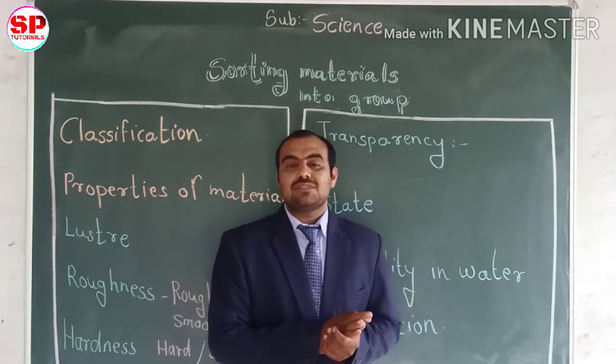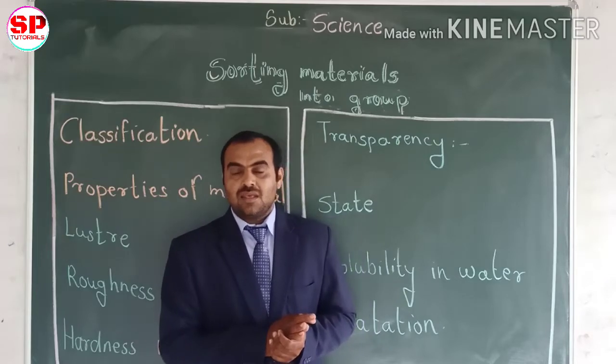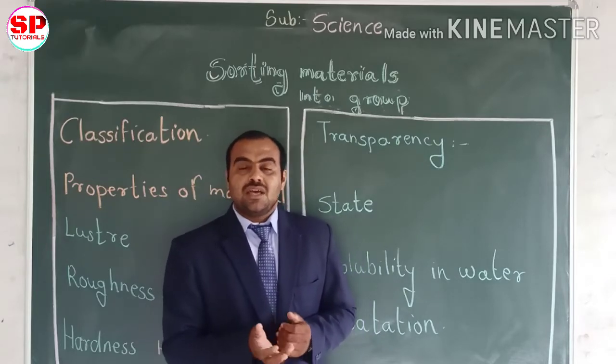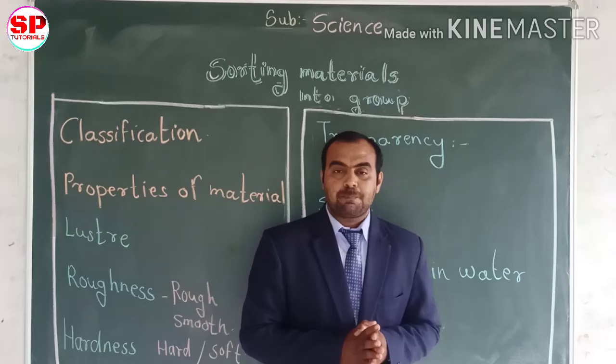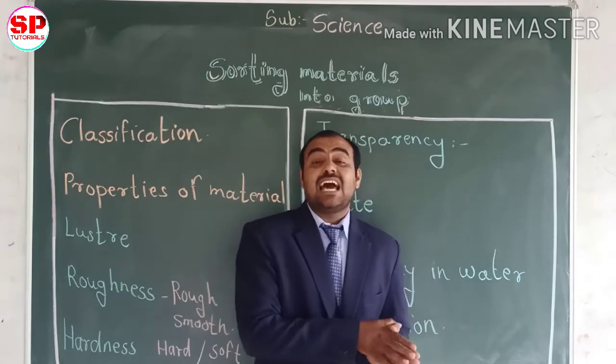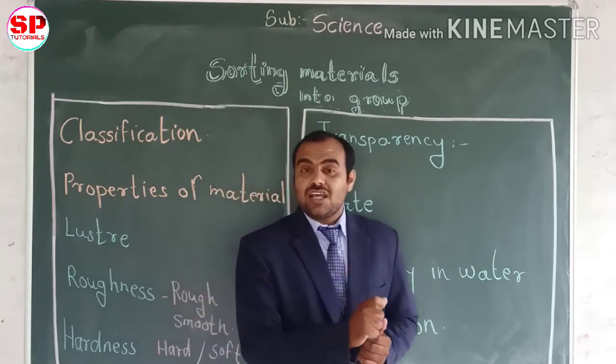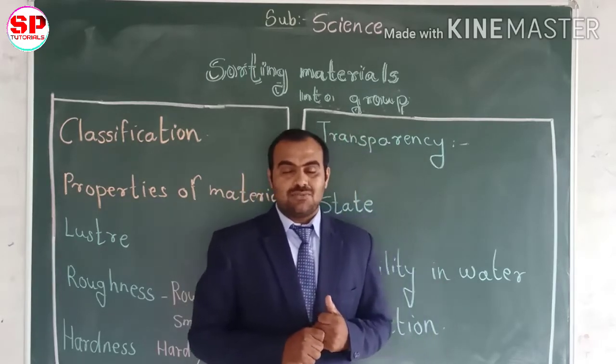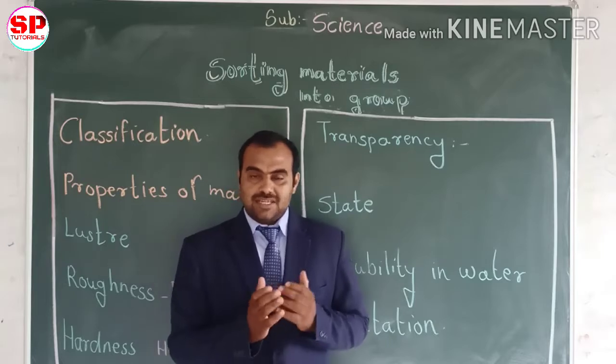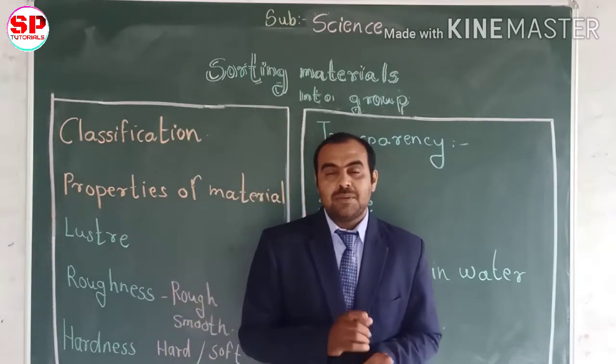There are so many examples of solids in our house and our surroundings. Which things never change their shape? All of those are called solid things. For example, a table. A table does not change its shape.